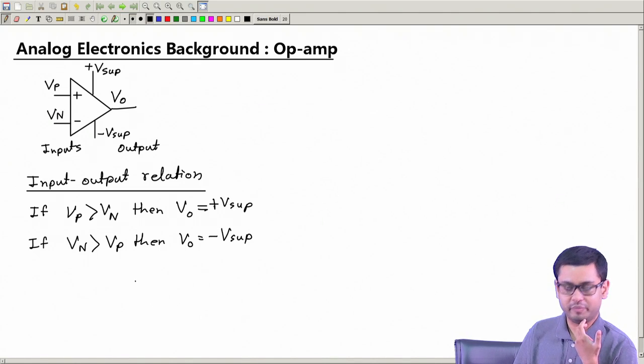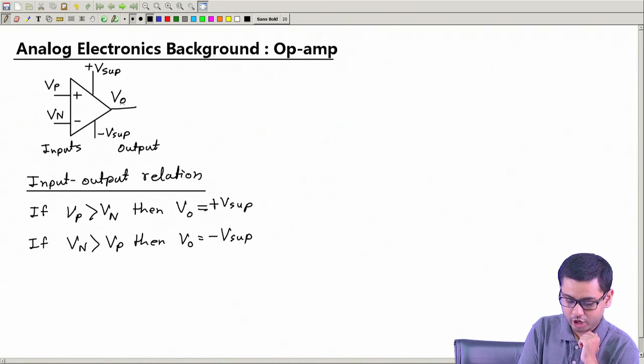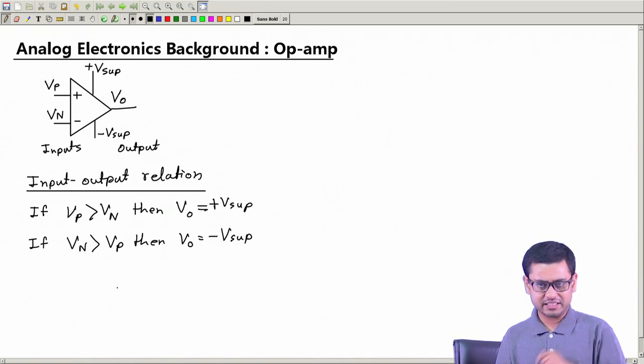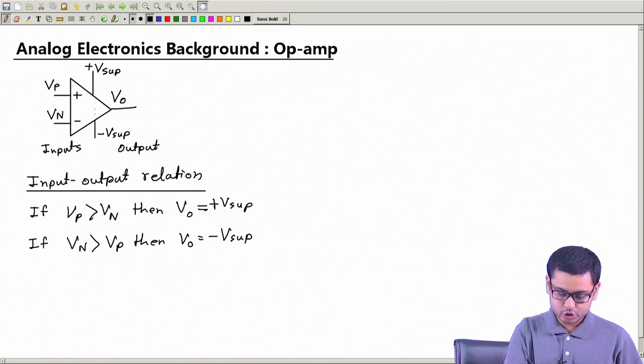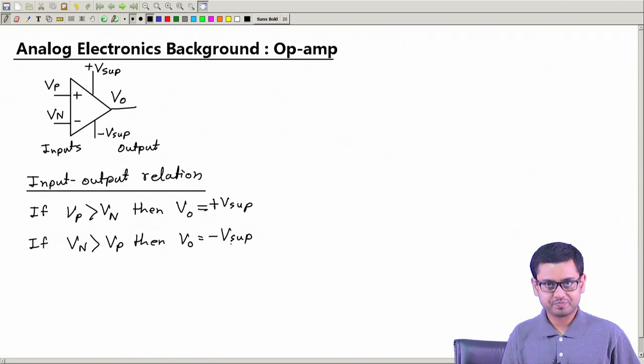So that's the main thing one should know about the op amp. It has two inputs, one output, and two power supplies. If these two voltages are plus V supply and minus V supply, then if Vp is greater than Vn, the output is positive. If Vp is less than Vn, the output is negative.